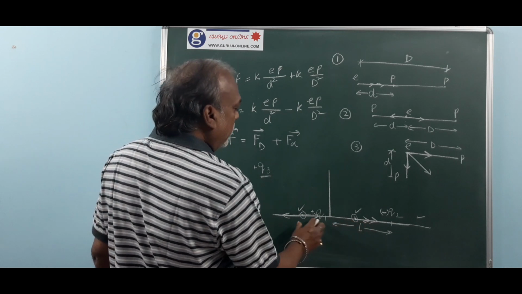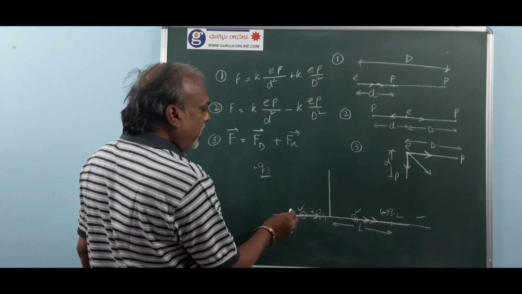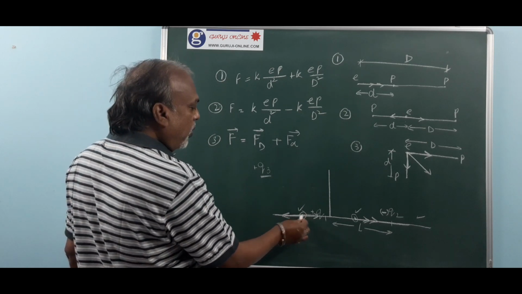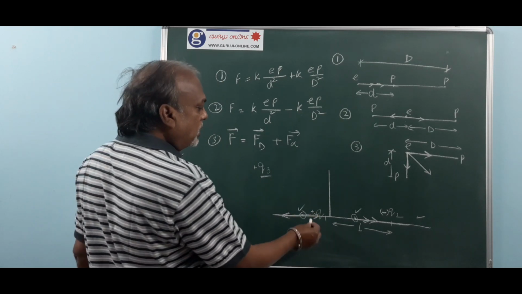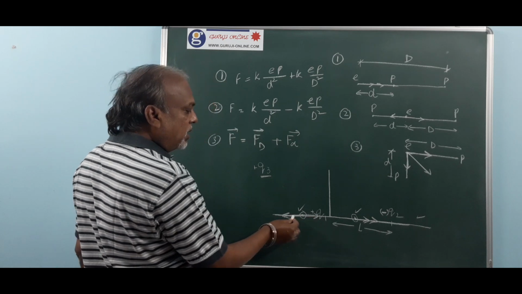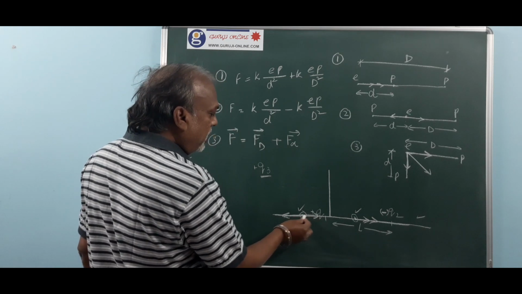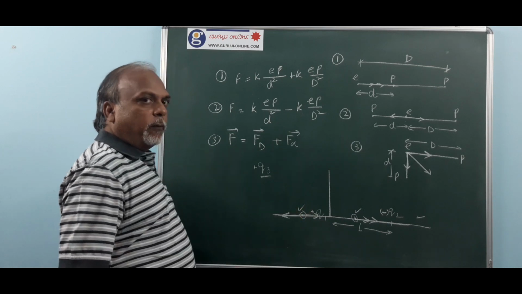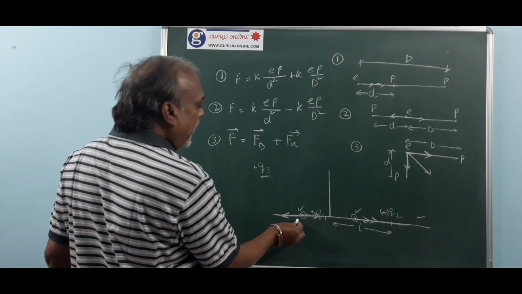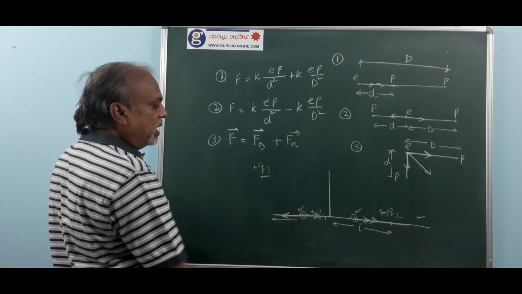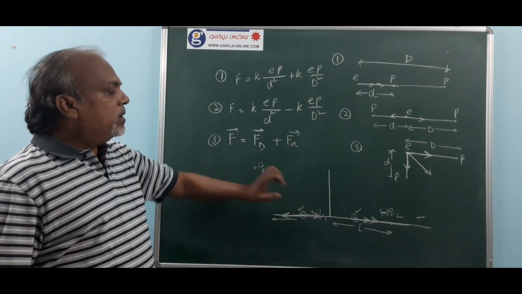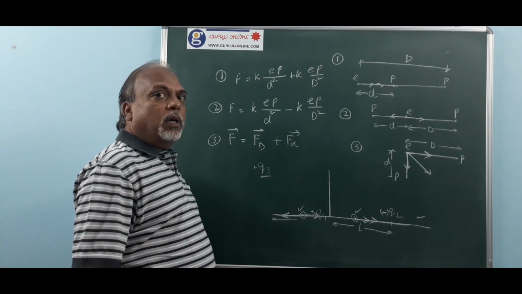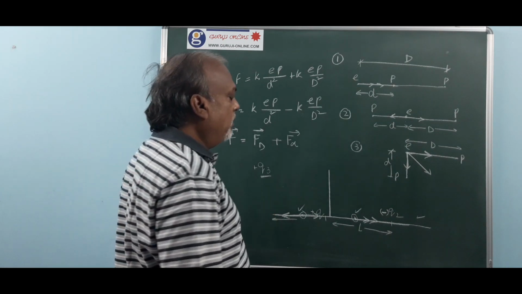So this force will always be more than this, because the farther you go, this becomes weaker and weaker, but not in the same proportion. So naturally it will have a resultant force in this direction. So in this region also you cannot put this. It will not stay stable.